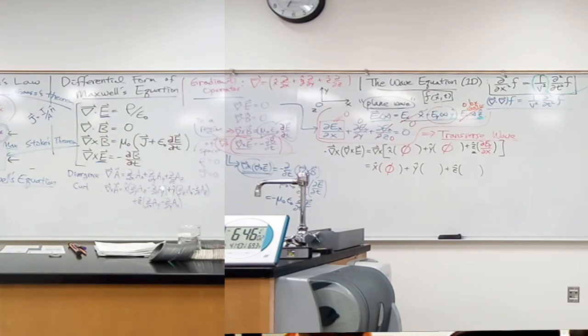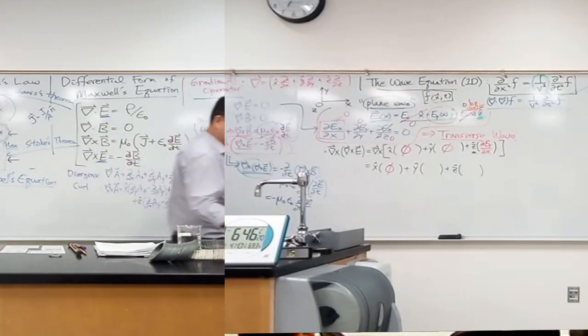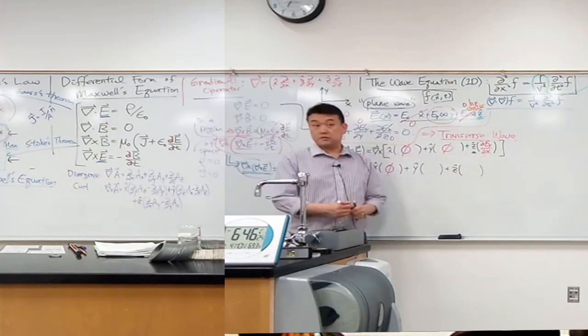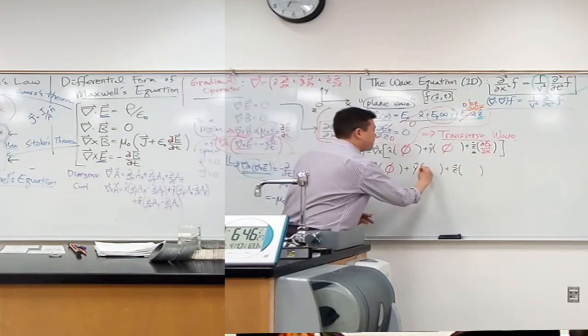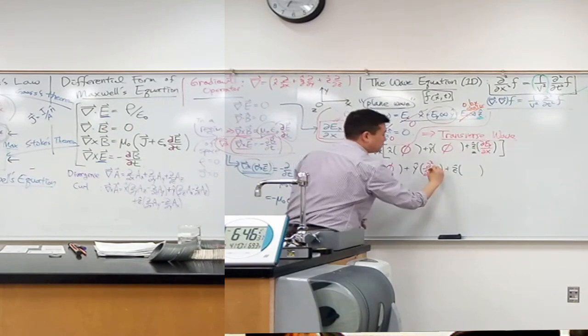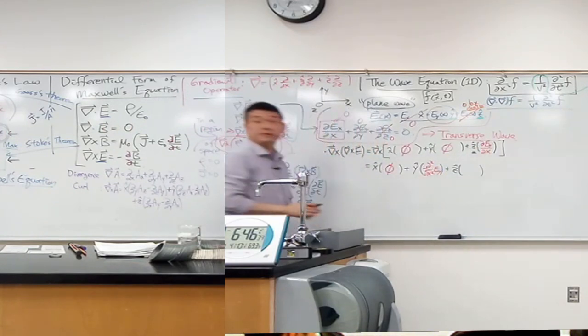The y component is the derivative of the x component, which is 0, minus the derivative of the z component, which is not 0, with respect to x, which is again not 0. So I actually have to write that down. It's going to be minus the x derivative of this. So that's minus the double x derivative of the y component of the electric field.